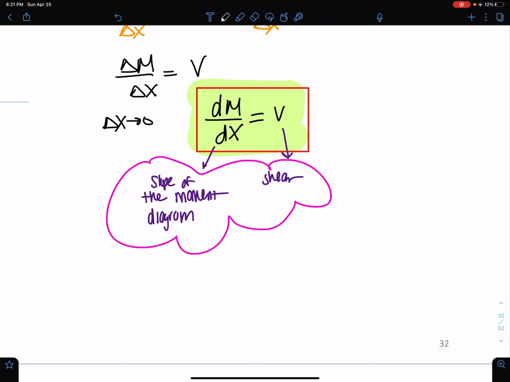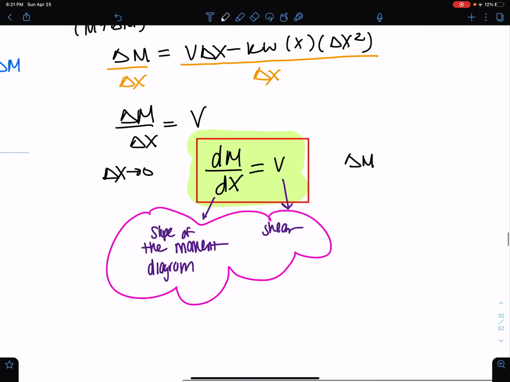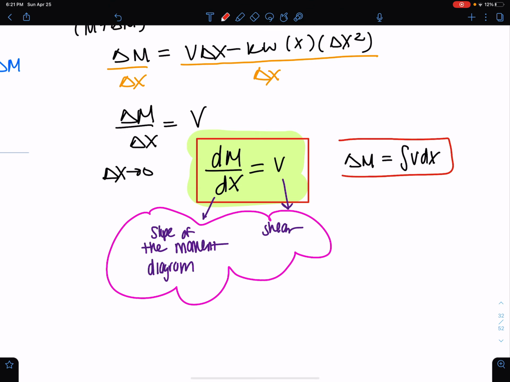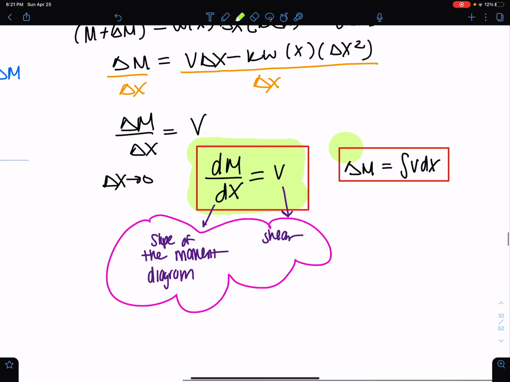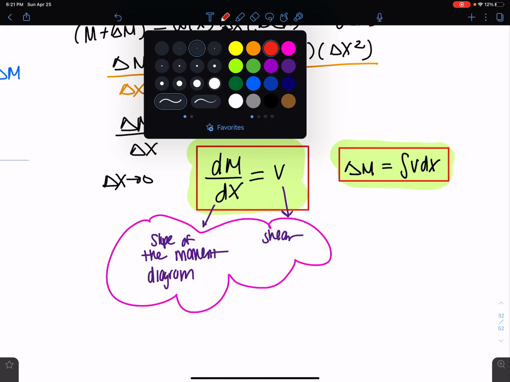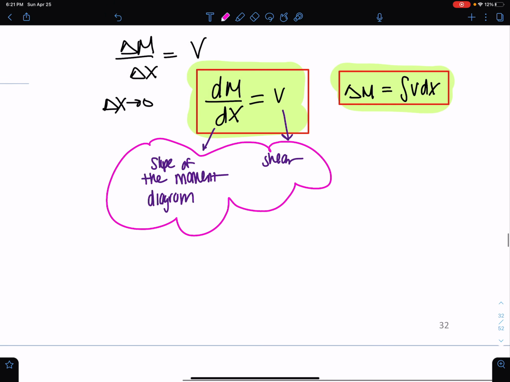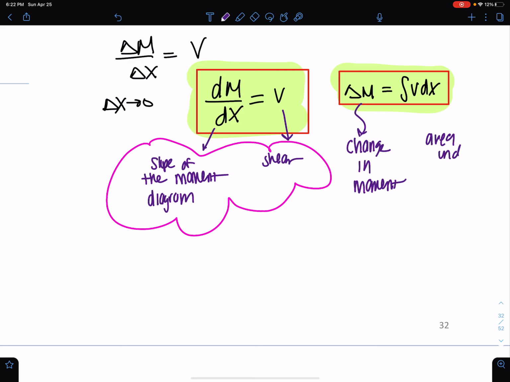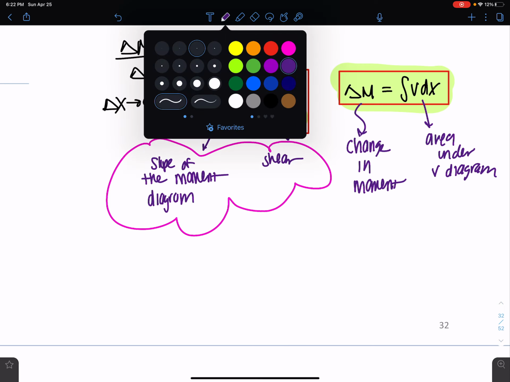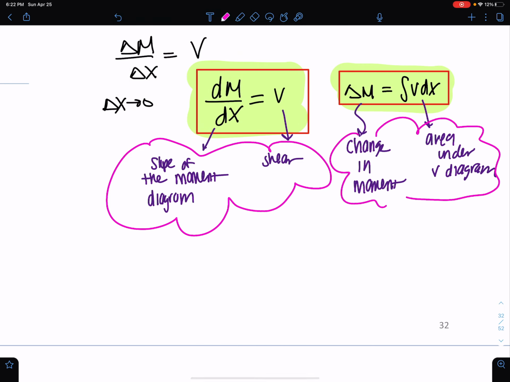Right? And if we continue this, we can solve for delta M, and that is equal to the integral of V dx. And this here is the change in the moment, which is equal to the area under the V diagram, which is the definition of the integral and the derivative.